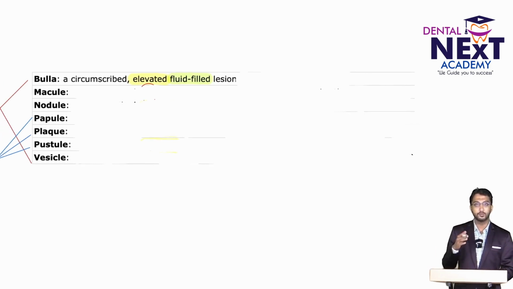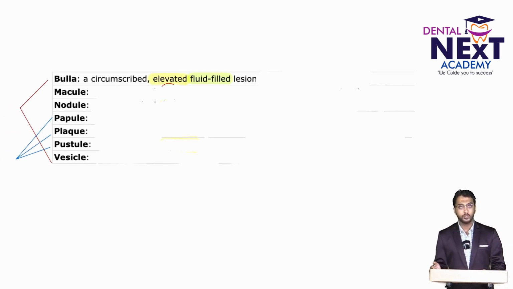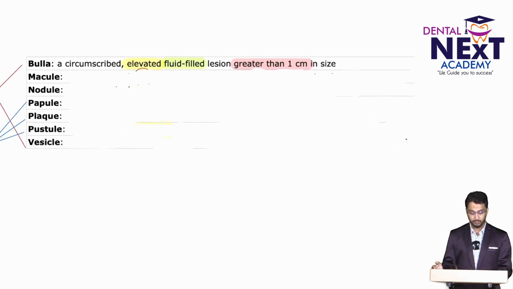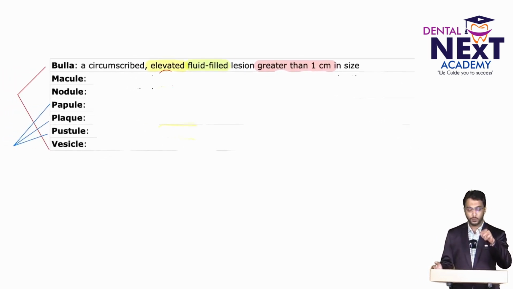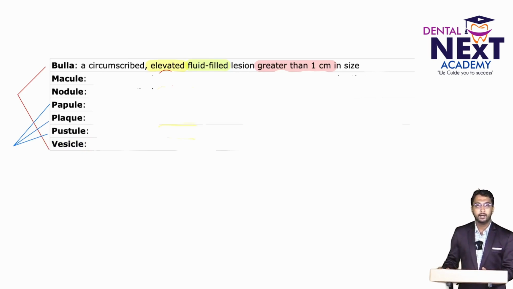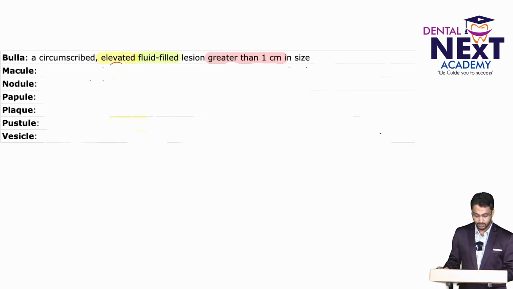There are elevated lesions which are not fluid filled, and there are elevated lesions which are fluid filled. If they are elevated, fluid filled lesions greater than 1 centimeter, they are bullae. If less than 1 centimeter, it is called a vesicle. We'll come to that.